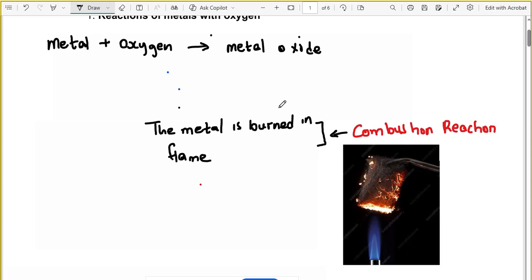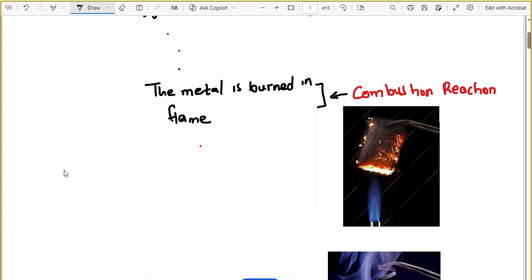So I'll give you an example. Let's say we take iron, and we're going to react iron with oxygen. Remember, iron is a metal, right?